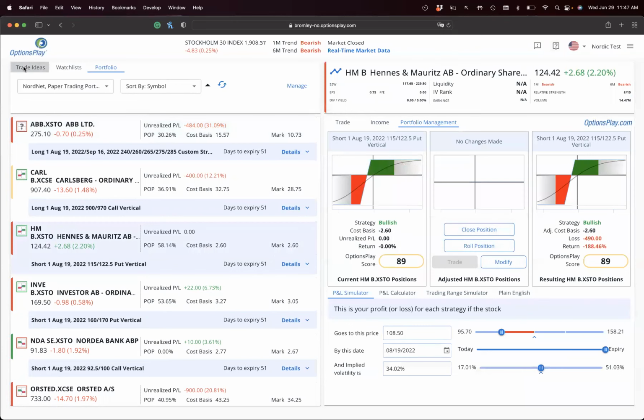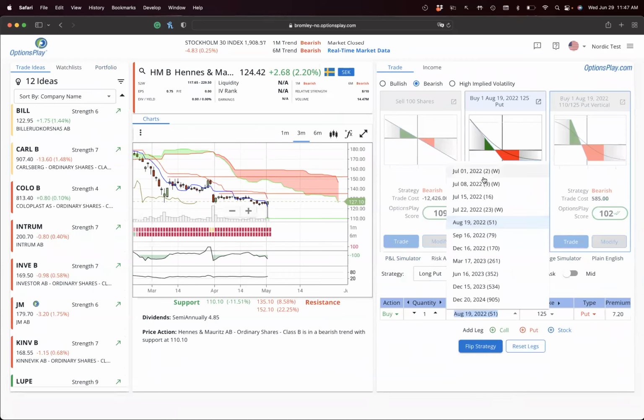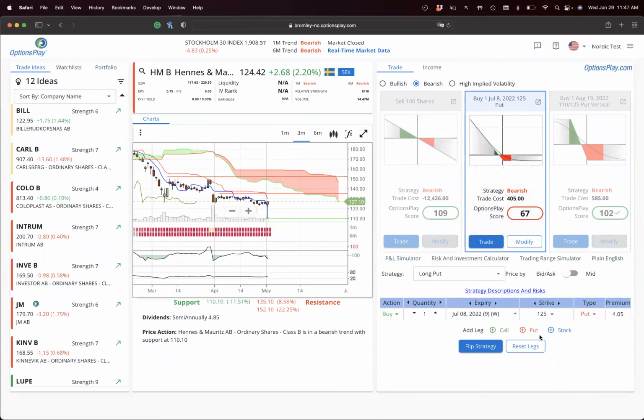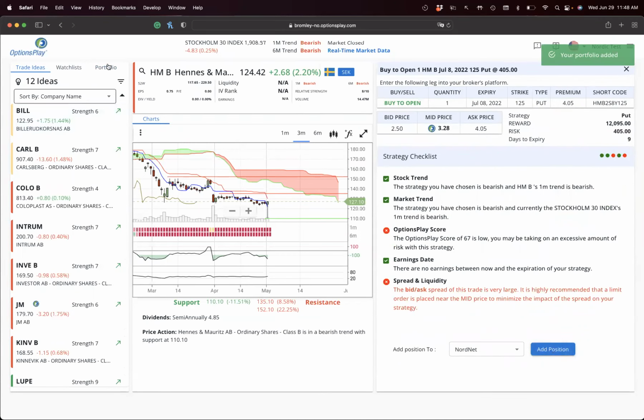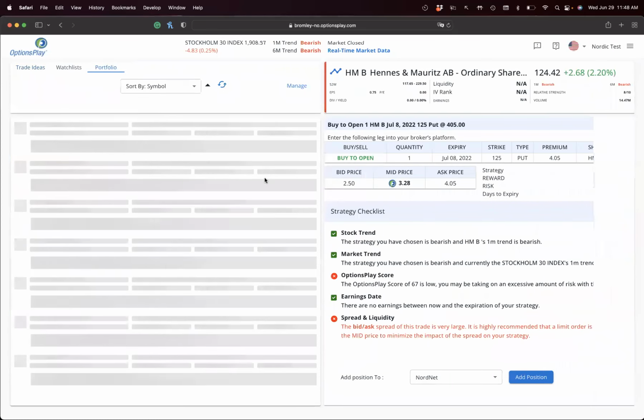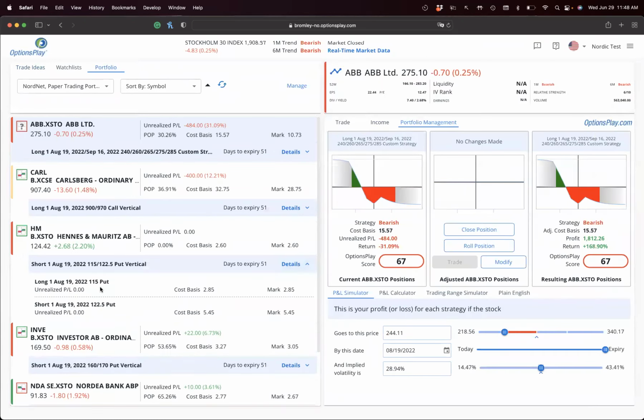So let me just give you an example. Let's say I bought a July 8th 125 put on H&M, and it's about to expire, and I have this in my Nordnet account. So let's say I own this July 8th 125 put, and it's about to approach expiration, and I want to know what to do with this specific position.